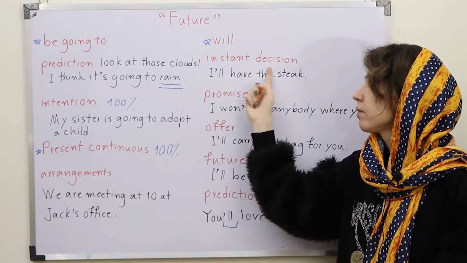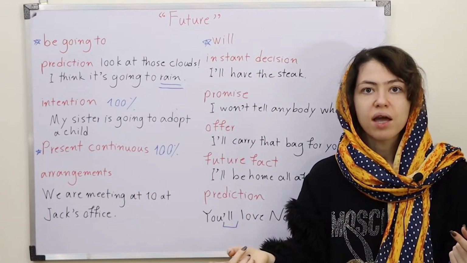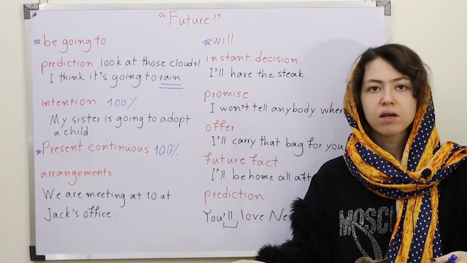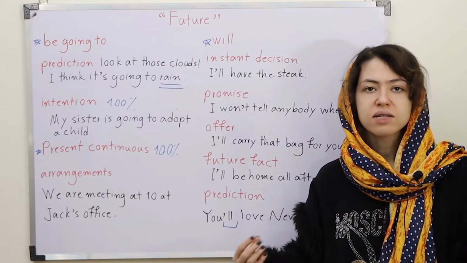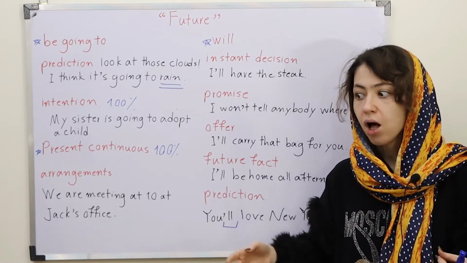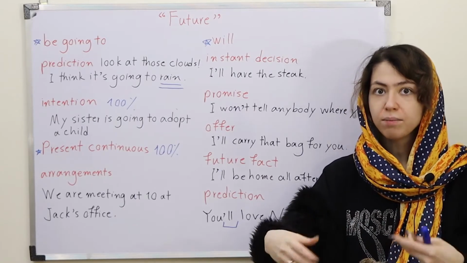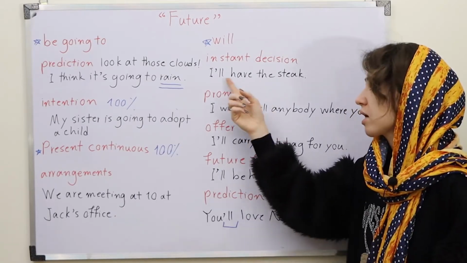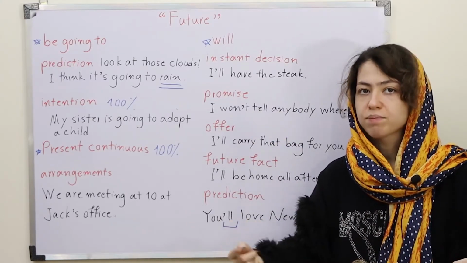But here, will is based on some instant decisions, okay? For instance, we are at the market. My friend doesn't have any change or doesn't have any money. I say, okay, I'll pay for it. It means it's a kind of instant decision. At that moment, I decide to help somebody.